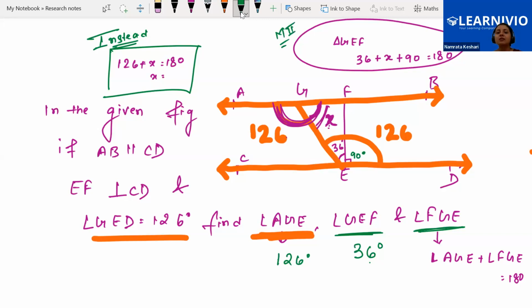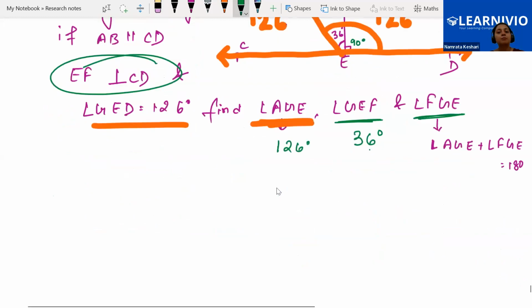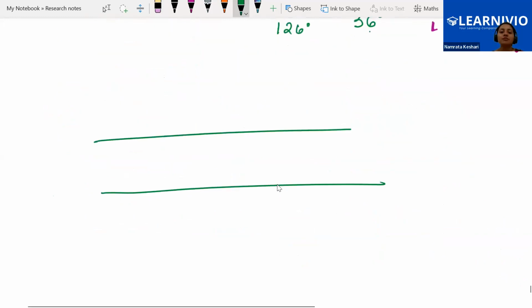method two. You can take the triangle GEF, and here it is clearly written that EF is perpendicular on CD. So EF will be perpendicular on AB also. Why? Because AB and CD are parallel lines. Here we will have 90 degrees. It is only the case of parallel lines. When you have two parallel lines and you drop a perpendicular and extend the line, this line is perpendicular over here, then it will be perpendicular over here also.